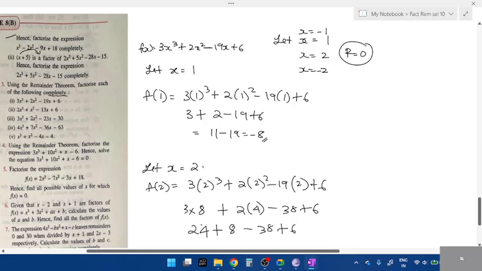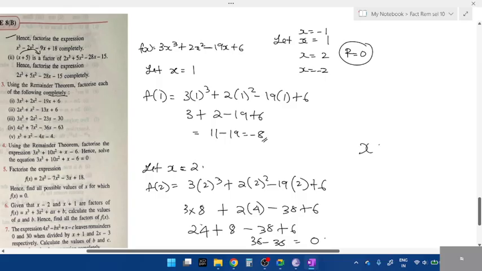Add the positive numbers. 24 plus 6 is how much? 30, minus 38. Are we getting 0? Whenever we get 0, this x is equal to 2, students.